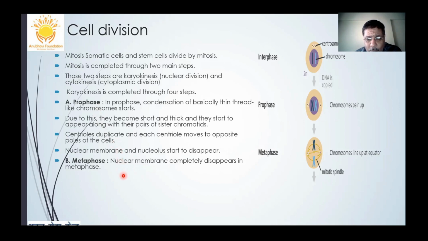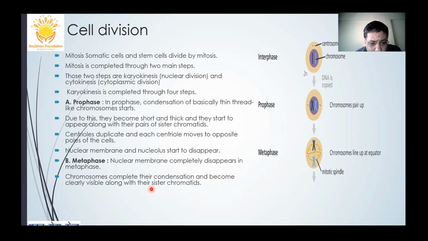Then starts the metaphase. In metaphase, the nuclear membrane completely disintegrates and chromosomes complete their condensation and become clearly visible along with their sister chromatids. You can see the chromosomes here with sister chromatids attached at the centromere.